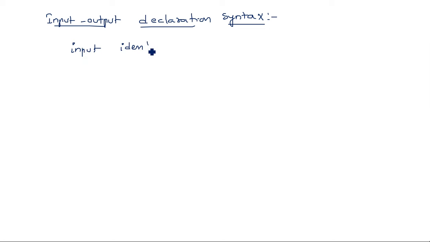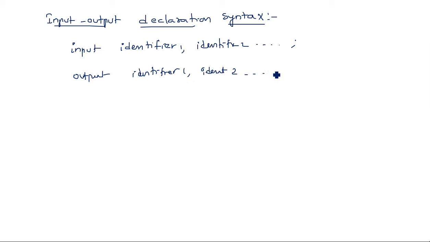So here, as we have mentioned in the previous example, input identifier 1, identifier 2, and so on. And similarly output identifier 1, identifier 2, and so on.